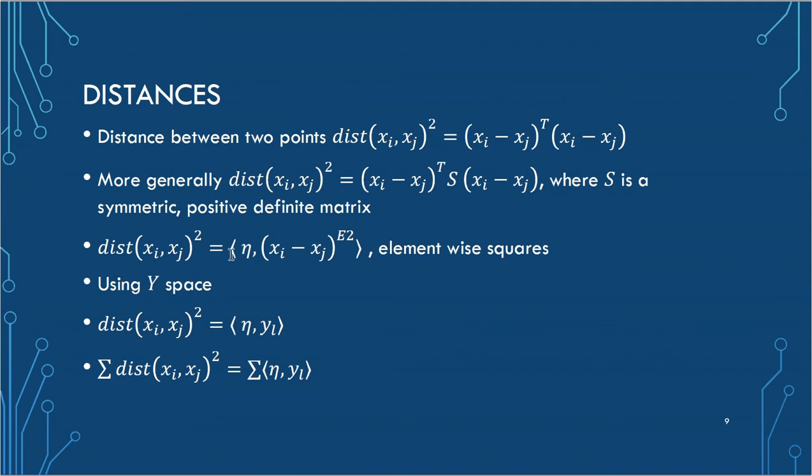So in the Y space, using the Y space notation, we can write it as eta minus some y vector, yi. So that's your distance. You can write the distance using the dot product, or the inner product generally, in the Y space. And if you want the sum of all the distances between these neighbor points, you can write it like that.